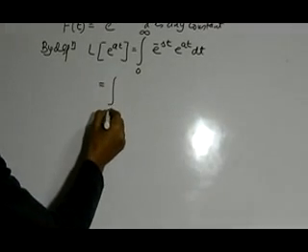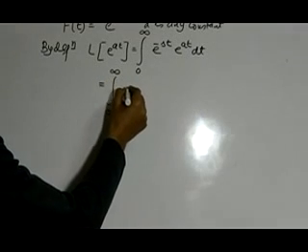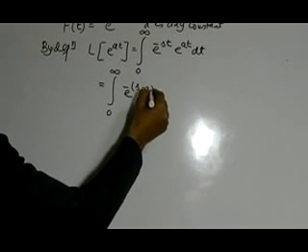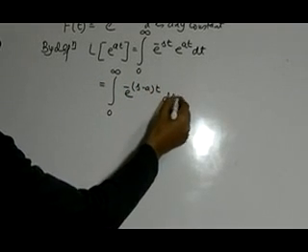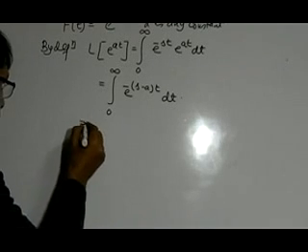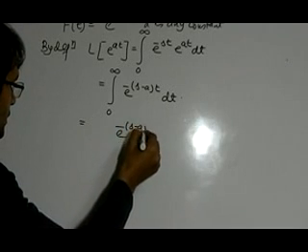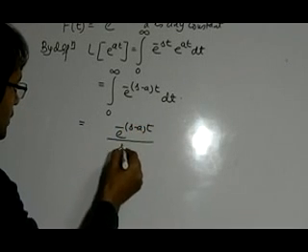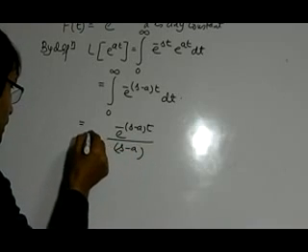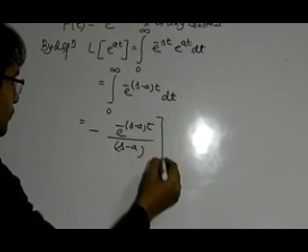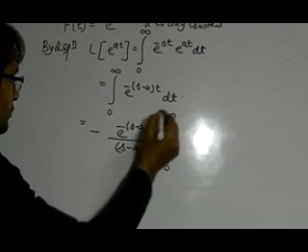We can write this as the integral from 0 to infinity of e to the power minus (s minus a) times t. Now this integral will be e to the power minus (s minus a)t upon (s minus a), with a minus sign, from 0 to infinity.